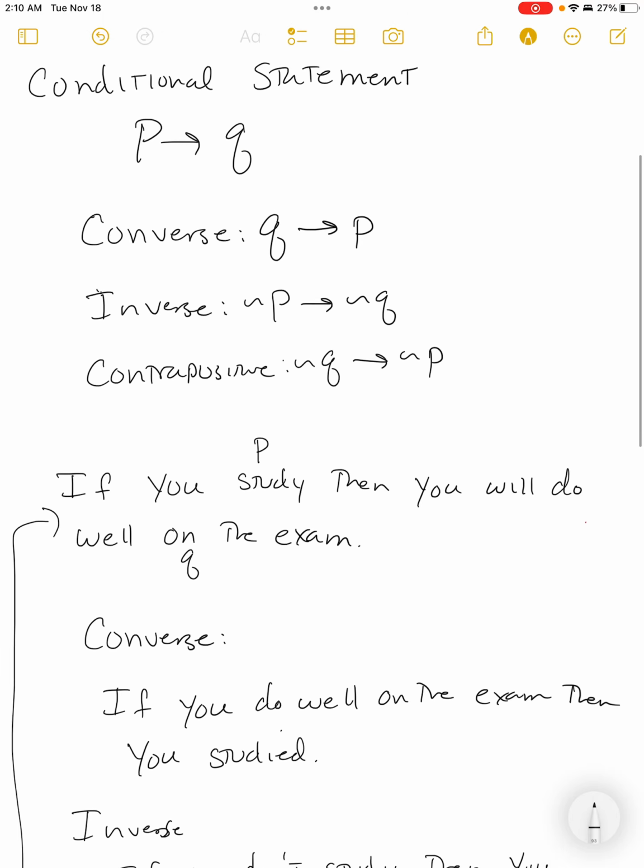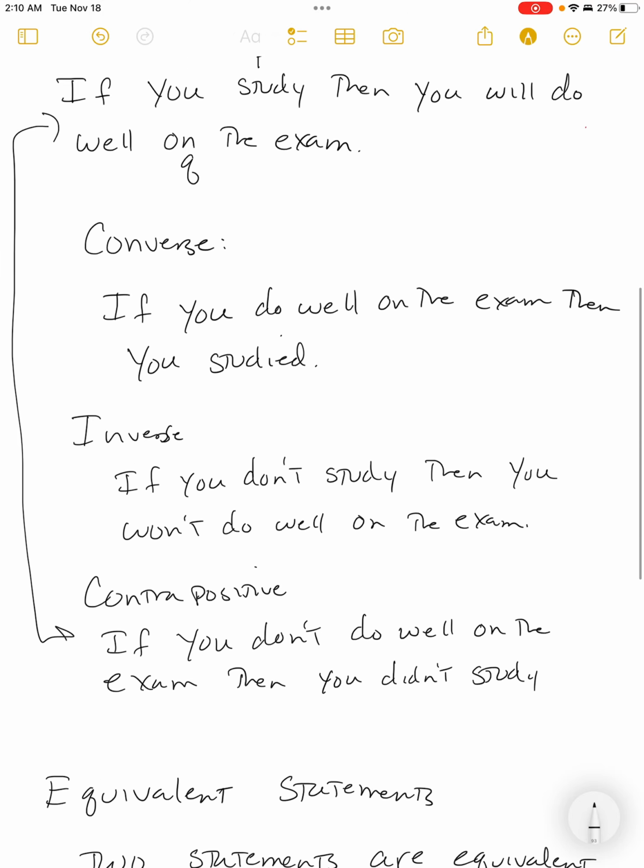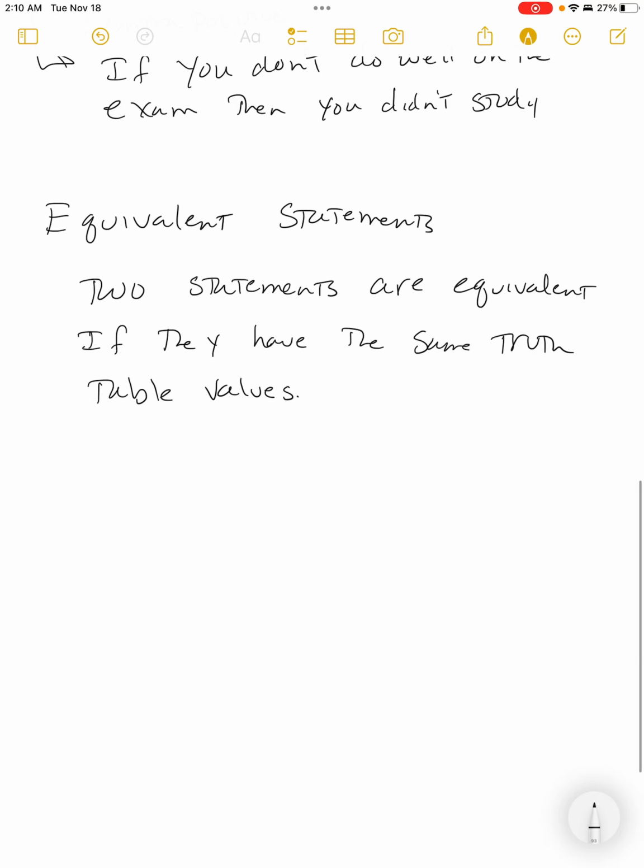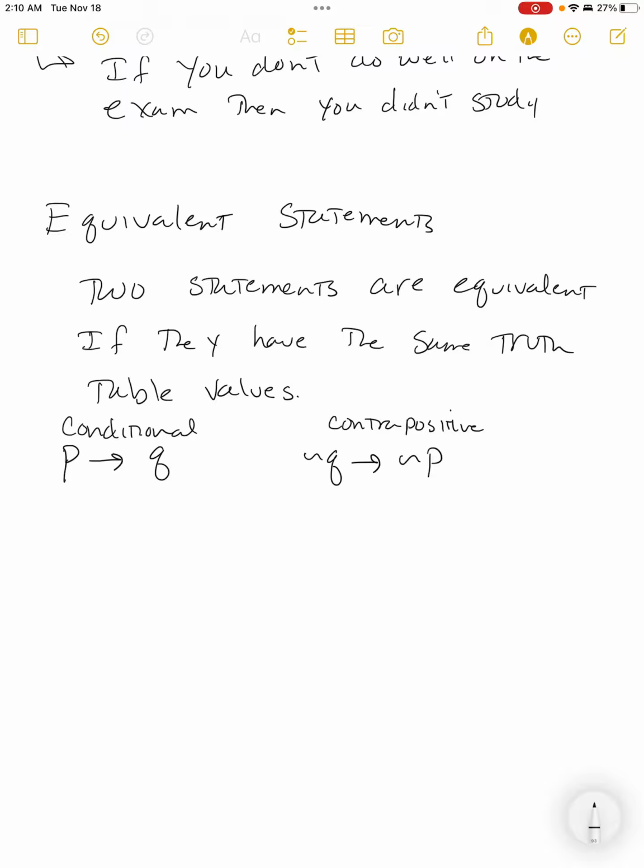So let's look at something that I felt was connected. I felt that the original conditional statement and the contrapositive were equivalent. Let's look at that. So we're going to look at showing that P implies Q and the negation of Q implies the negation of P. We're going to look at the conditional and we're going to look at the contrapositive.